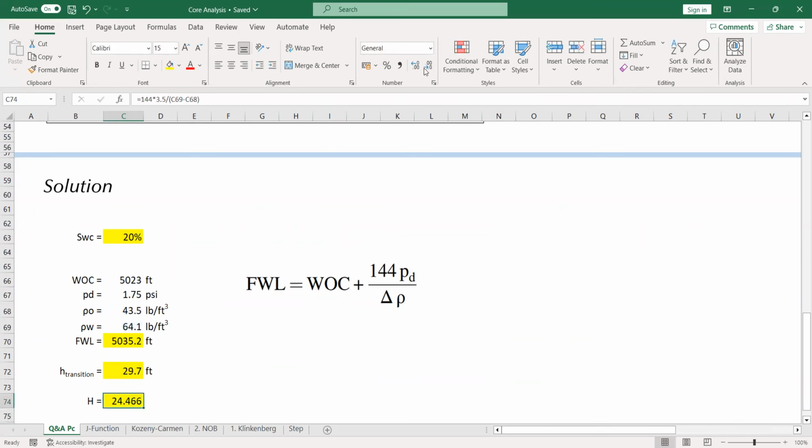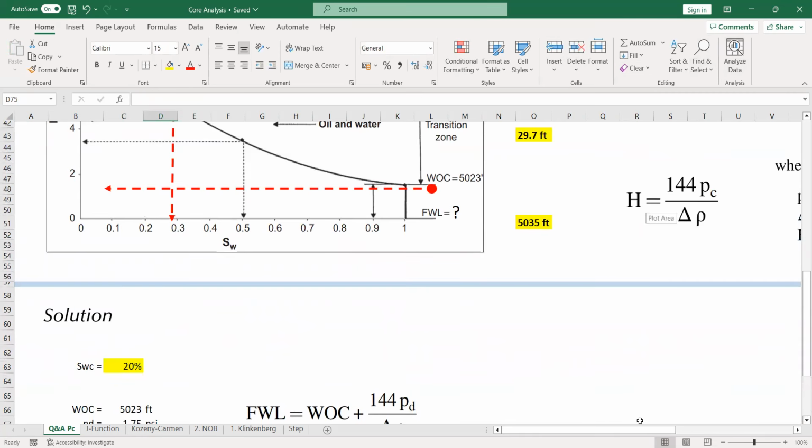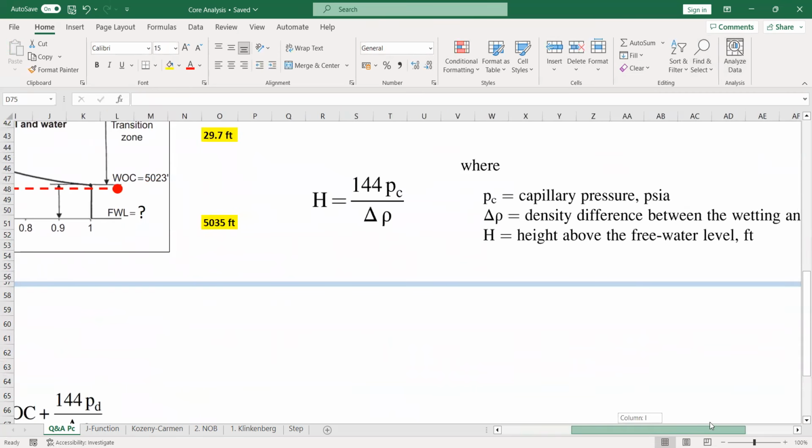Okay, so it's 24.5 feet, all right? But by the way, this is the H, height above free water level. It's not the absolute location. It's not the absolute position.